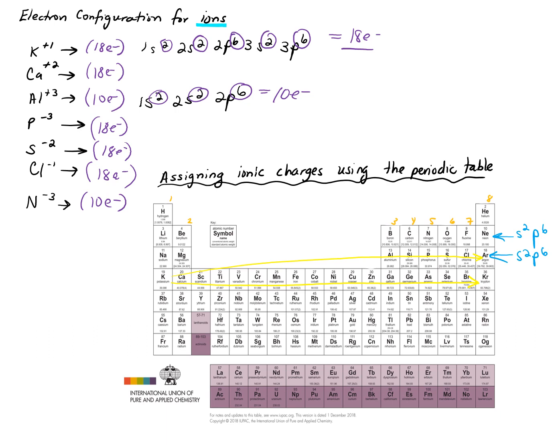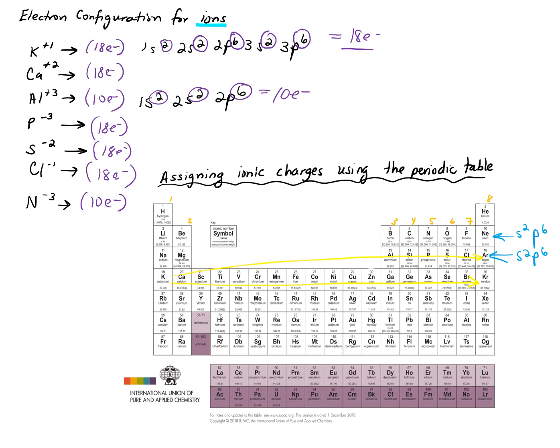You see where I'm going? The easiest one is for potassium to lose just 1 electron to go from 19 down to 18 and have the same electron configuration as argon.